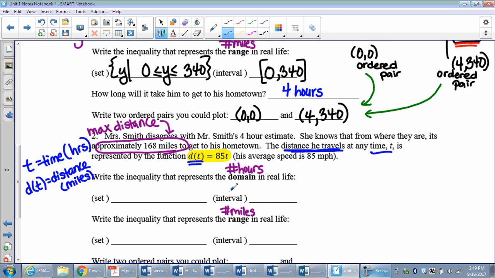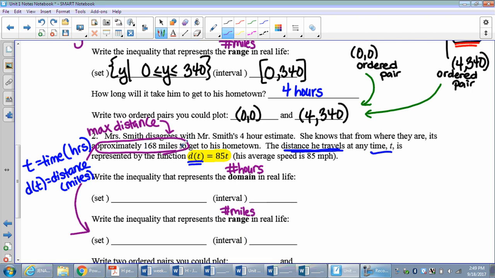I ask myself, well, if this is a distance in miles, is that a value for hours or miles? And because I added these labels, it is super obvious to me that this is going to be a value for where I wrote miles, over the range. So here we're given something for the range.